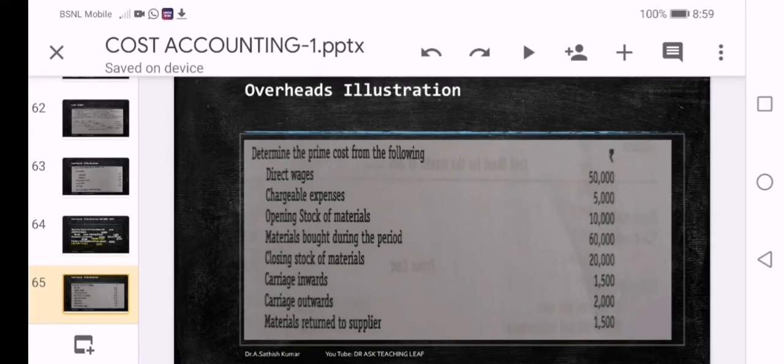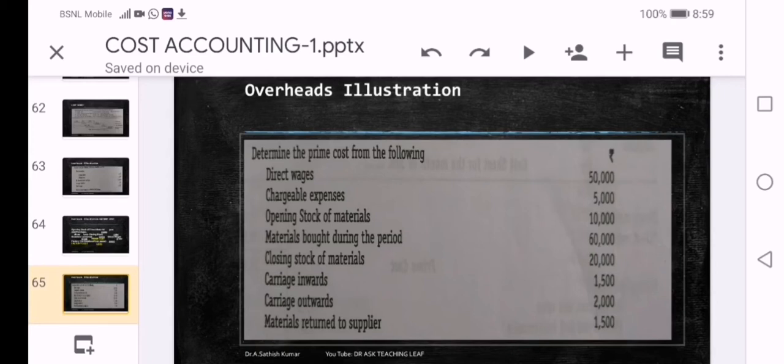One important observation you have to make is, in the previous problem also, carriage outward is given. Carriage outward is what? Transport charges during the sales. So during the sales, it comes under sales expenses, not in the prime cost, not in the factory overhead. That is the reason in the previous problem we have not considered the carriage outward.